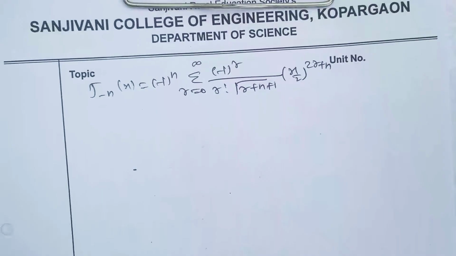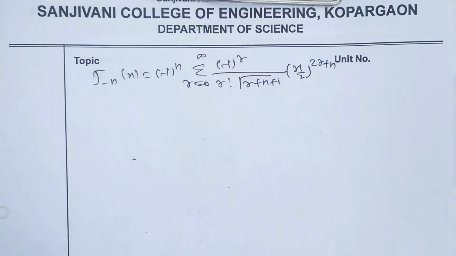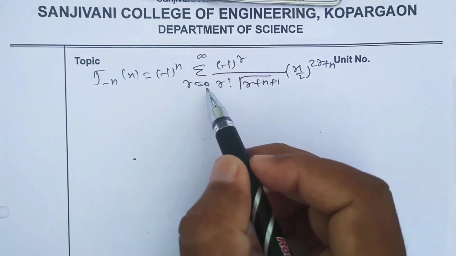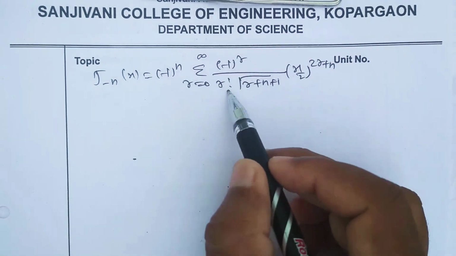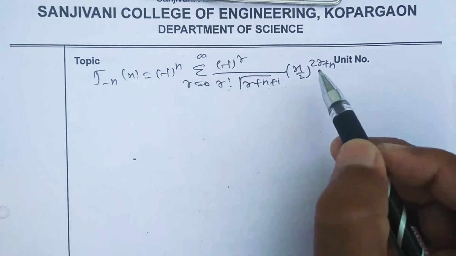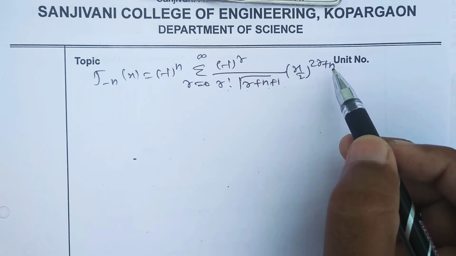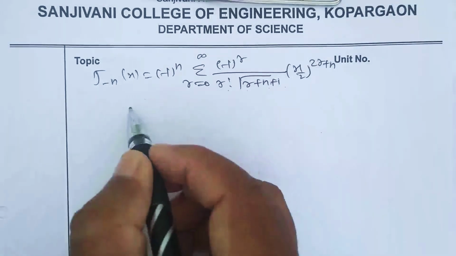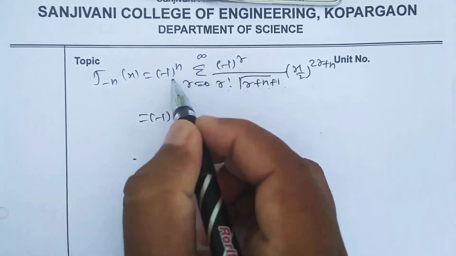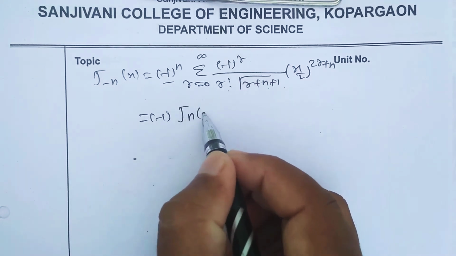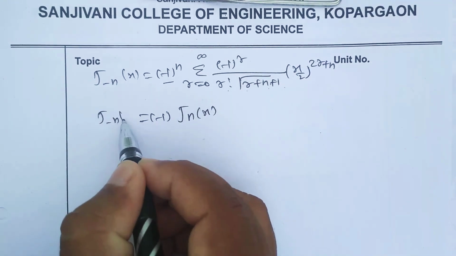See, now we will get J minus n of x is equal to minus 1 raised to n, summation 0 to infinity, minus 1 raised to r upon r factorial gamma of r plus n plus 1, x by 2 raised to 2r plus n. Now this value is the same as minus 1 raised to n as it is, and this value is the same as Jn of x. Why is this value the same as Jn of x?